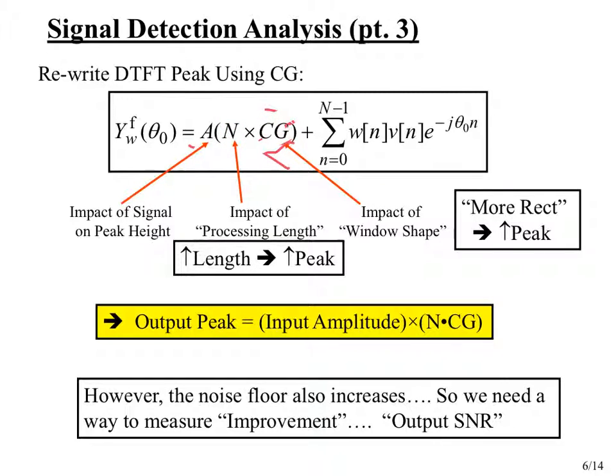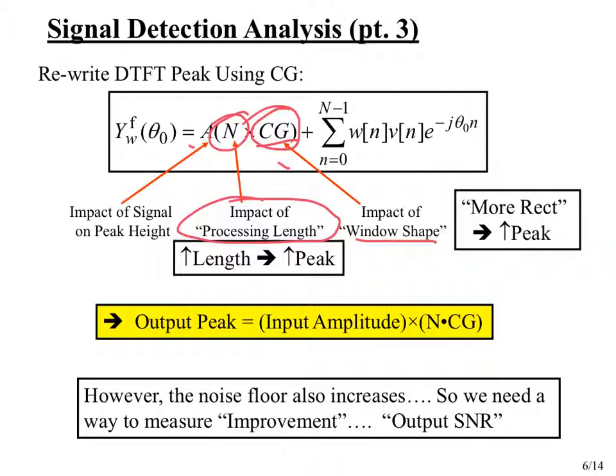So really all we're doing is breaking the sum of the window into two parts. One is the impact of the processing length, what I would get if I used a full rectangular window. So that's telling me how much boost I'm getting from the fact that I'm using N samples, and then this discounts that based upon the window shape.